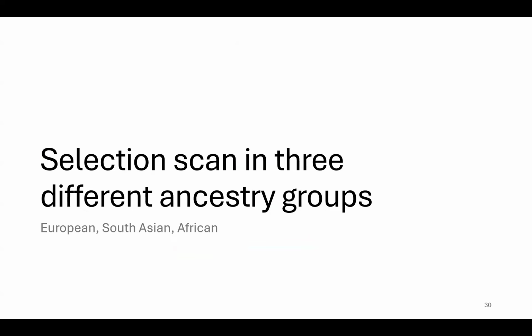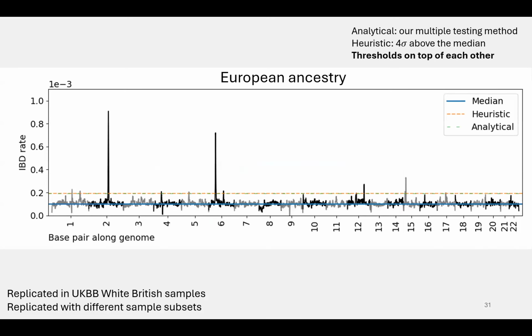Now I have some real data analysis results. So this is our selection scan in 3 different ancestry groups: European, South Asian, and African. On this slide, we're returning to our initial analysis. So this will be our common figure here. We've got IBD rate on the vertical axis, the base pair along the genome on the horizontal axis.